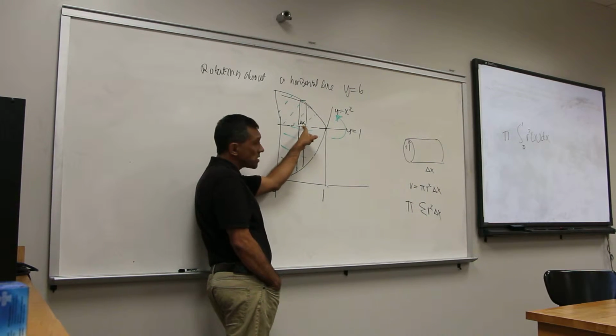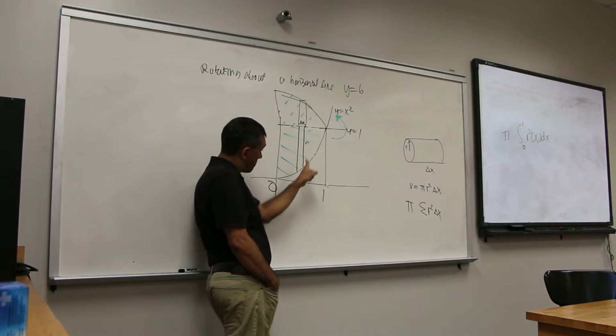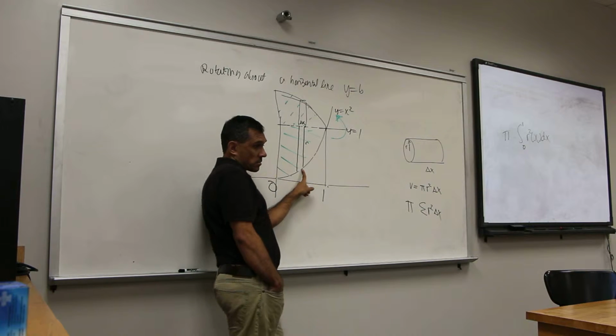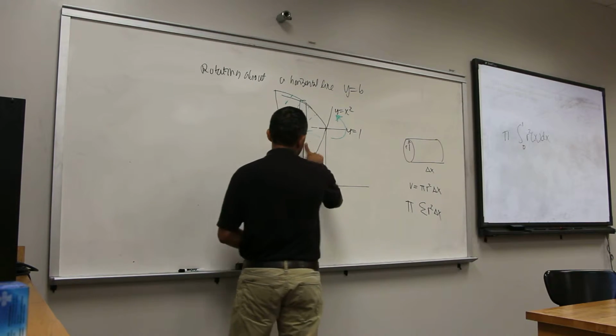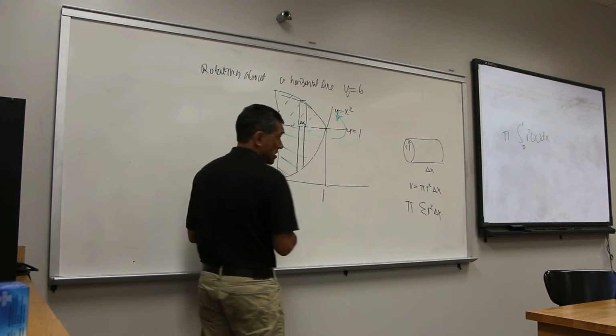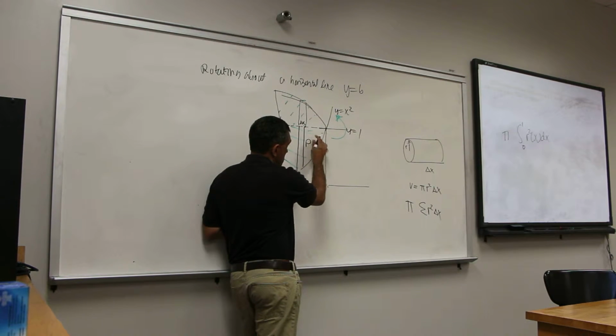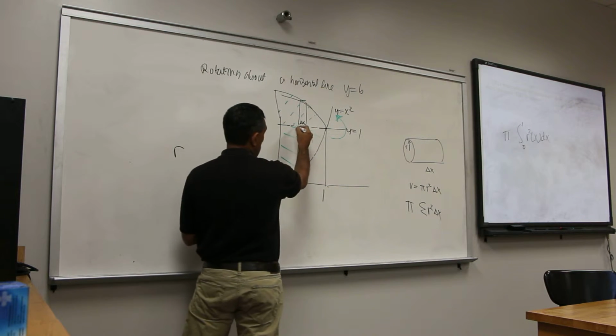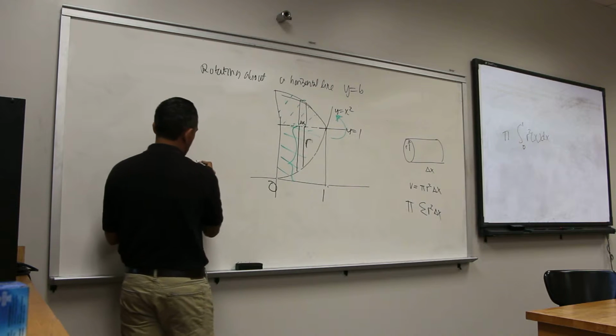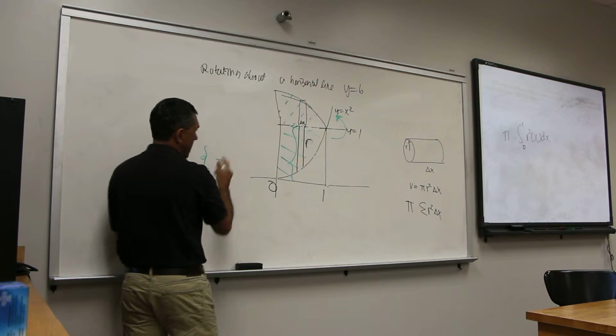It will be that minus that. That is to say, this is my radius. It's going to be that minus that.